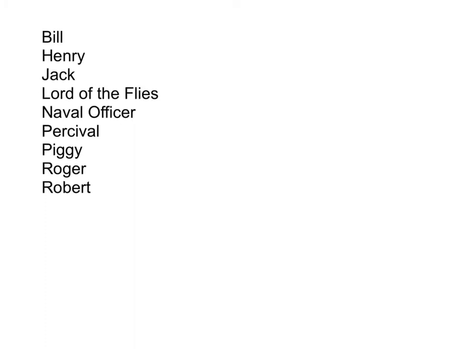Characters like Bill or Henry. There's characters we obviously know like Jack. And then other characters that are questionably characters like Lord of the Flies. There's people like the naval officer, Percival, and of course Piggy. There's Roger, Robert, and of course Sam and Eric.